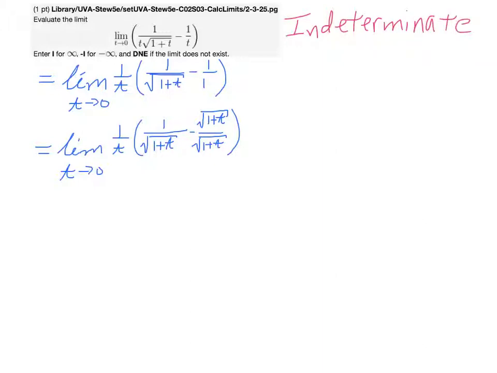So what I'm going to do is start doing some algebra. I'm going to find a common denominator, which is the square root of 1 plus t, and I'm going to multiply the top and bottom here by the square root of 1 plus t. And now I'm just going to simplify this expression a little bit.